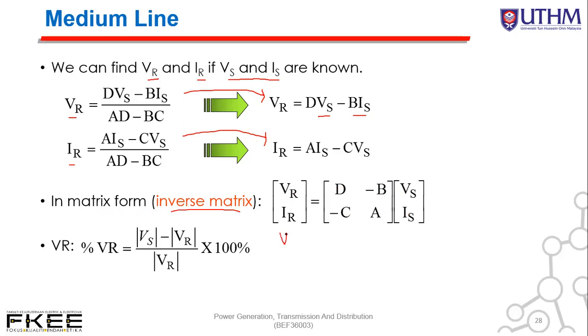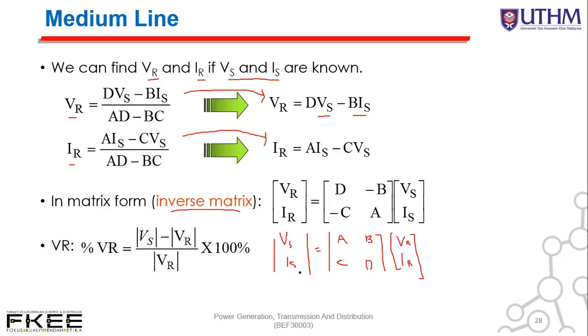Previously we have [Vs, IS] equal to the ABCD matrix times [VR, IR].